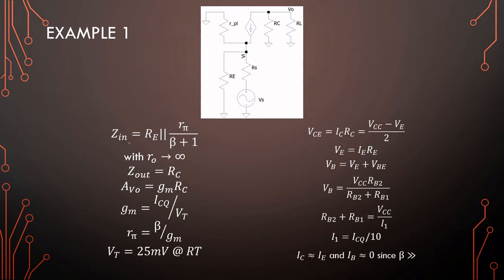So in this problem, Zin is RE parallel to R pi over beta plus 1, AV0 is gm RC, AV is gm R load prime. It's not stated here, but that's the other one. And for this problem, I went ahead and said that we're going to use VCE equals IC RC is equal to VCC minus VE over 2. This can still work out to VCC over 3 if VE is equal to one of these two parameters here on the side.